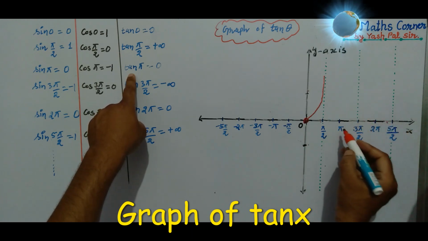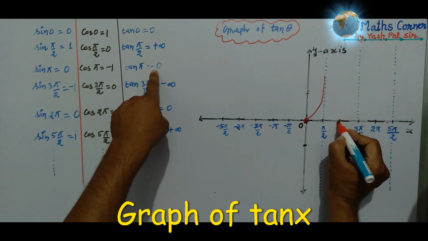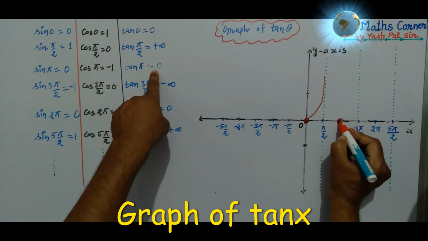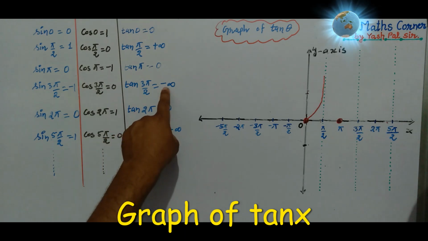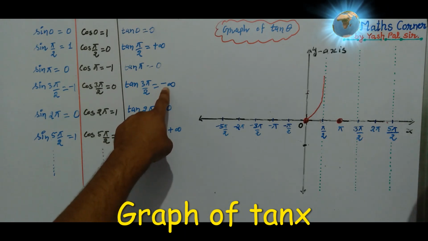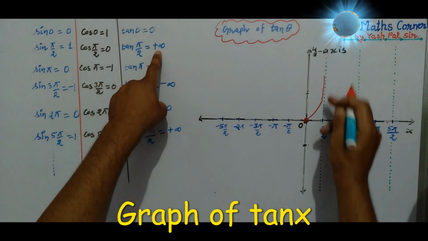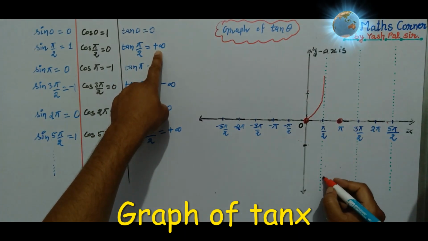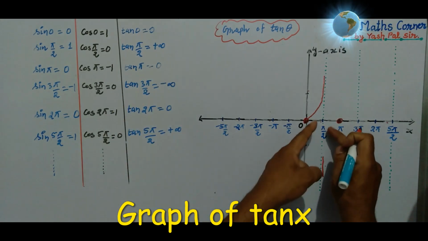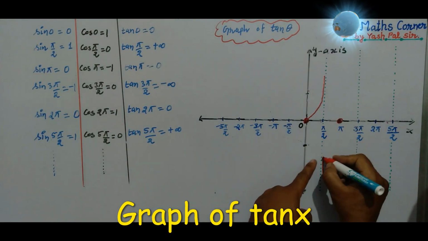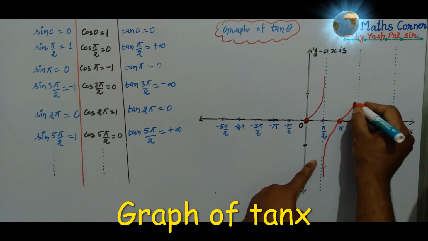Similarly, tangent pi is 0, so this is the point from which it will pass. Tangent 3 pi by 2 is negative infinity, but before that tangent pi by 2 is plus infinity. Here it will start from here. Again it is not touching this dotted line, but this way it will pass like this.